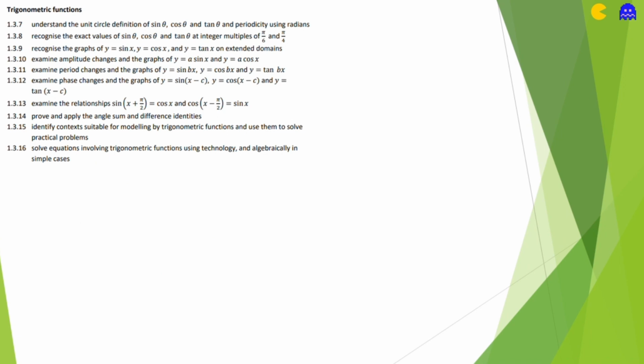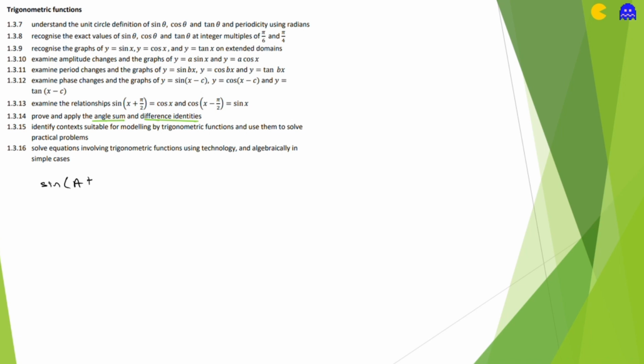Now, let's take a look at the angle sum and angle difference identities. These are two trigonometric identities that are basically just given on your formula sheet, and they allow you to calculate the exact values of some angles that you wouldn't normally be able to. The angle sum and the angle difference identities are as follows.